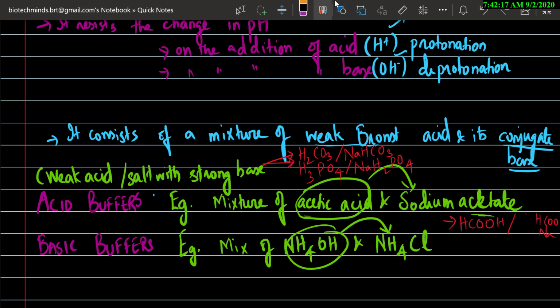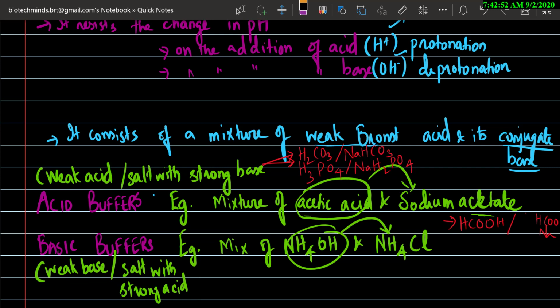Now we have come to basic buffers. What do you mean by basic buffers? This is a combination of a weak base and a salt with a strong acid. Now you can see the differentiation between acid buffers and basic buffers.